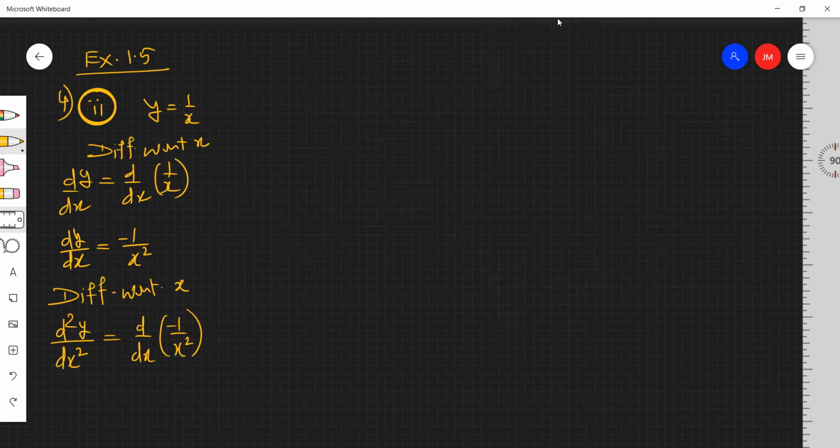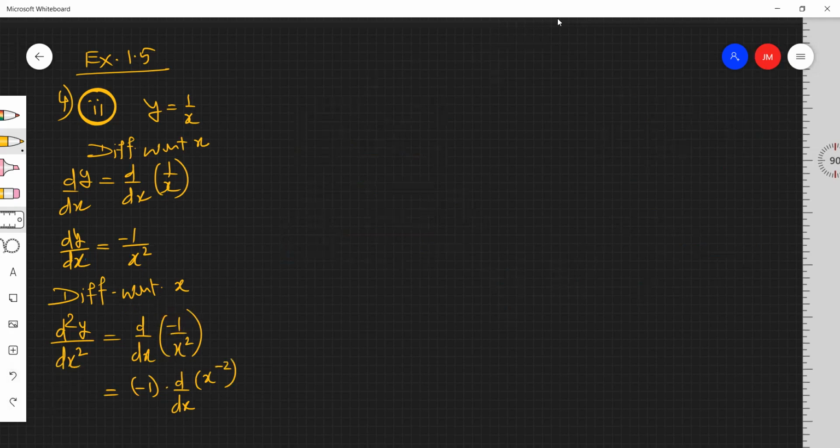Now see students, this minus 1 is a constant, so you write it out, and once minus 1 is out, you are left with d by dx of x raised to minus 2. This is 1 upon x squared, so in order to differentiate, I take this x square in the numerator, so it becomes x raised to minus 2. And this negative 1 I have written out, right?